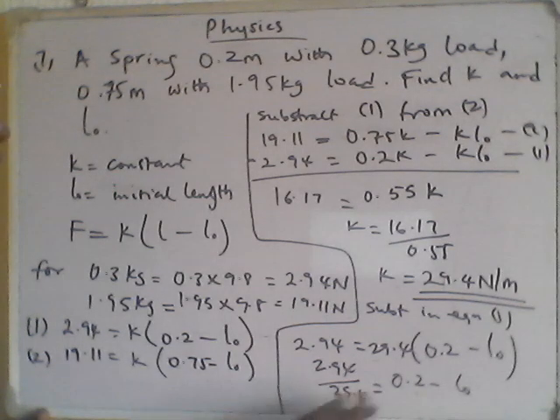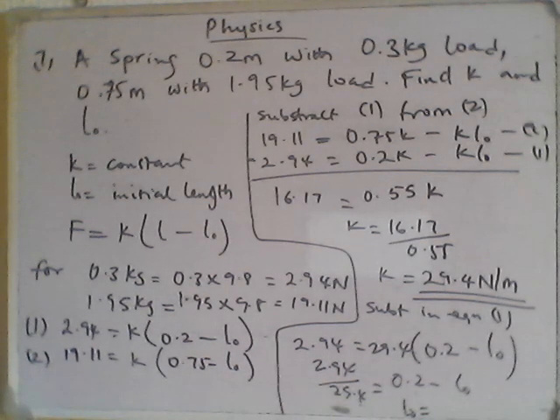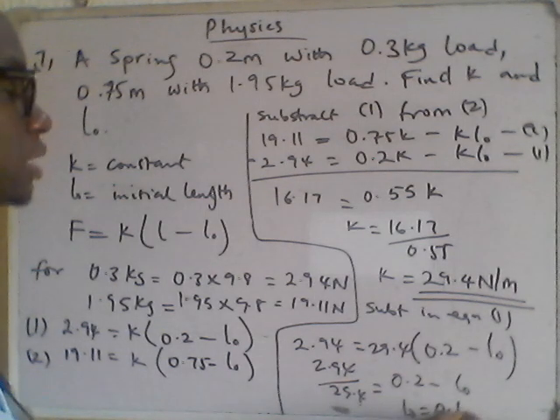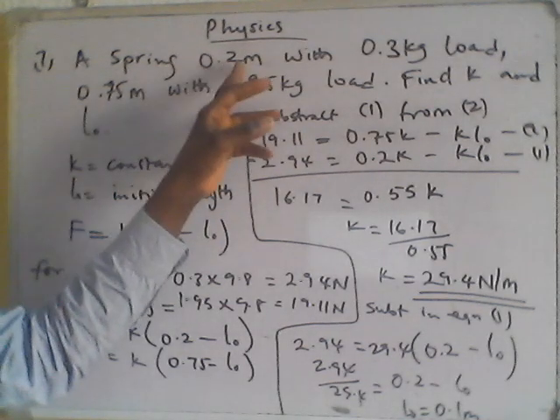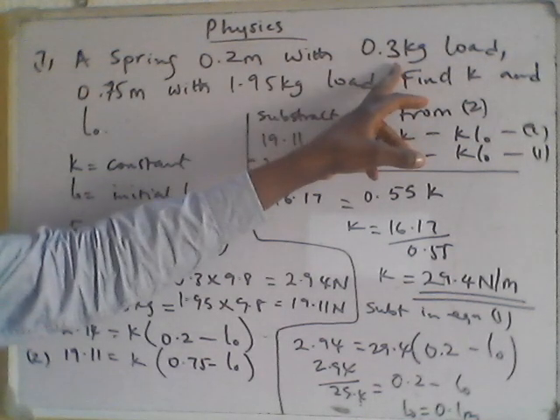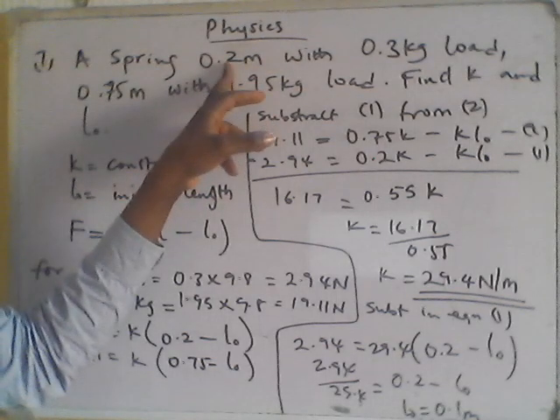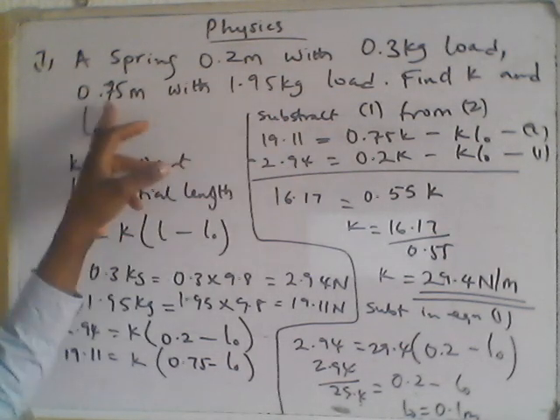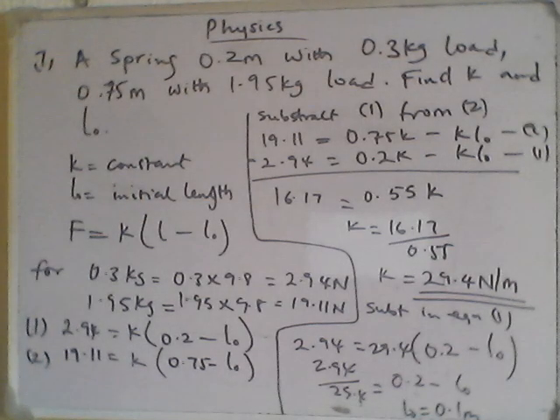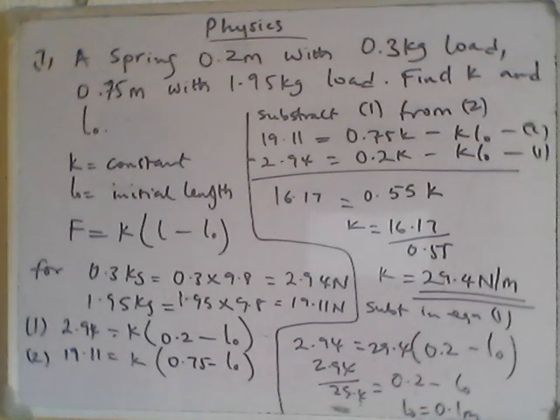By the time you do everything, L0 will give me 0.1 meters. 0.1 meter represents the initial length of this. So it is the natural length, 0.1. Then when 0.3 was added to it, it became 0.2. When 1.95 kg was added to it, it became 0.75. Okay, so we move on to the next question.